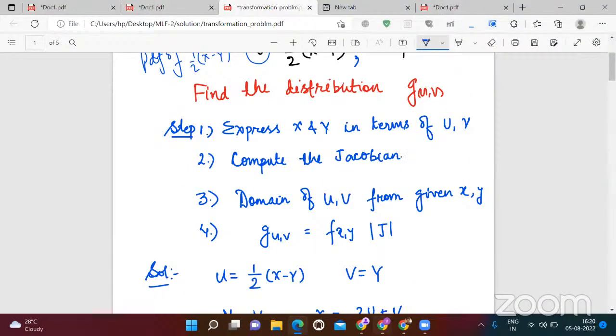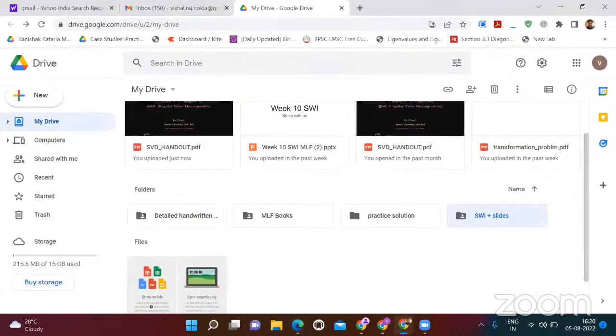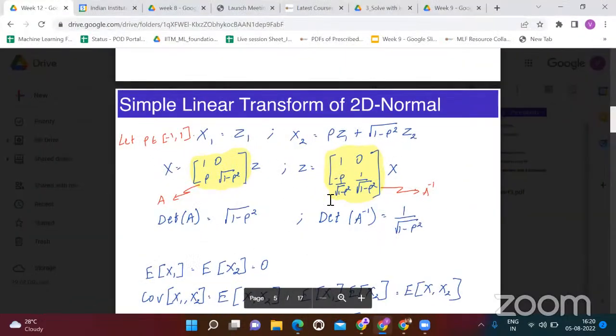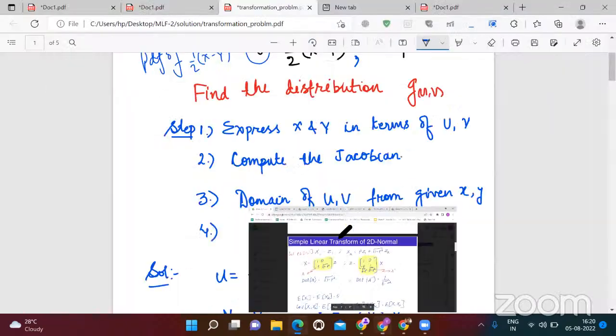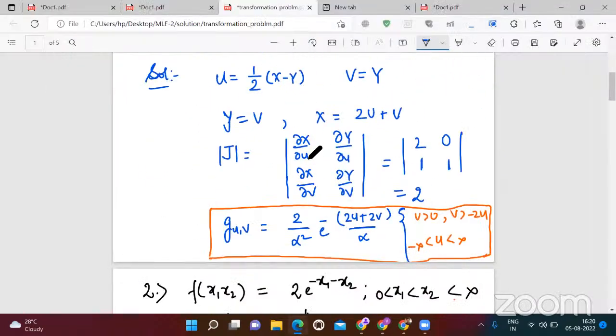To calculate the Jacobian, what we were doing there was differentiating x with respect to u. So here we'll differentiate z1 with respect to x1 and z1 with respect to x2, then z2 with respect to x1 and z2 with respect to x2.